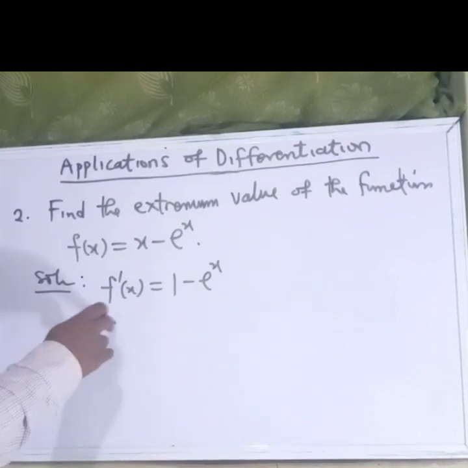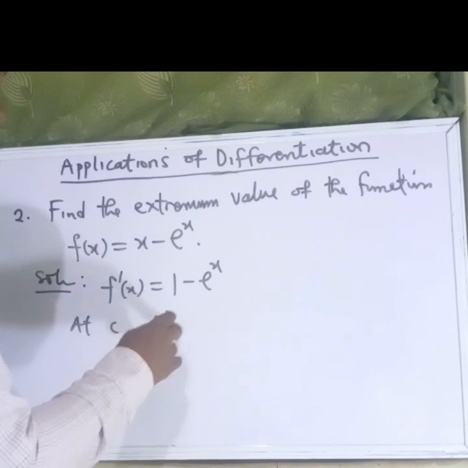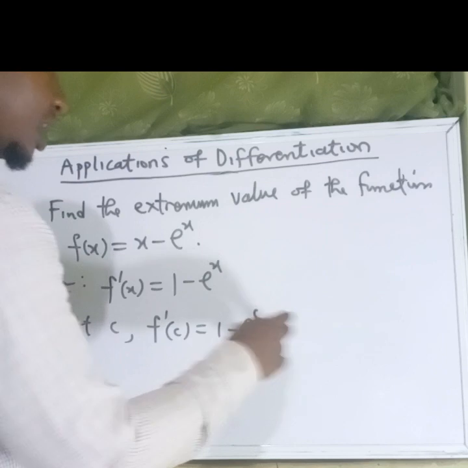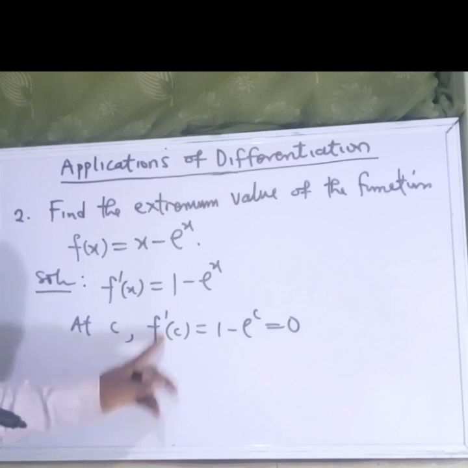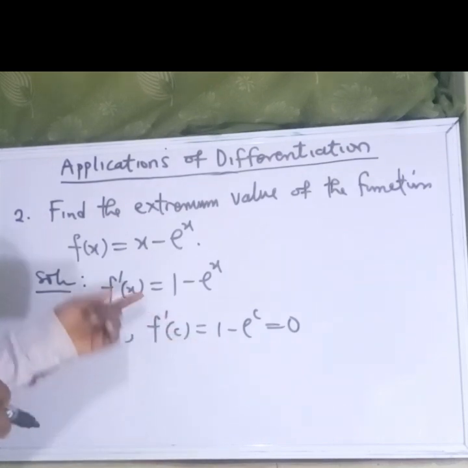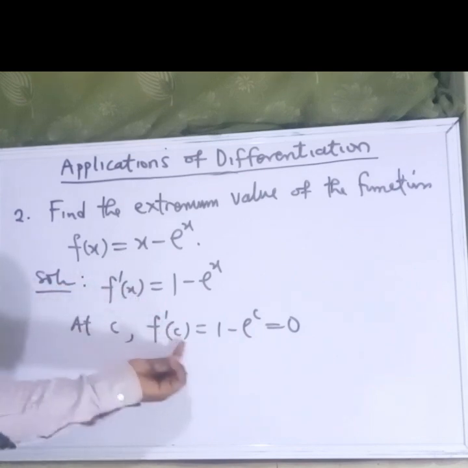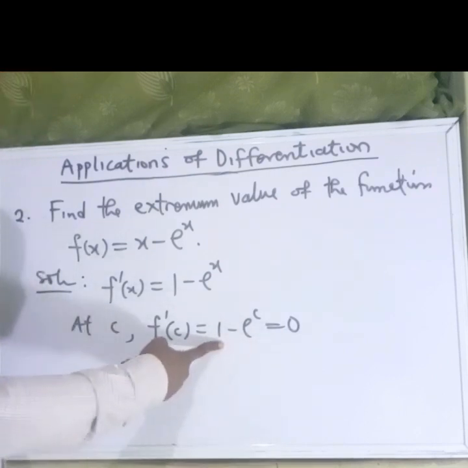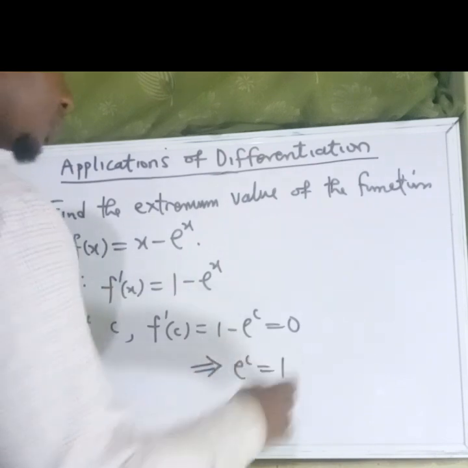So at the critical point C, f prime of C will be equal to 1 minus exponential C, and this will be equal to 0. If we relate this to the function, whenever we see x, we put C. From this equation, this implies exponential C equals 1.